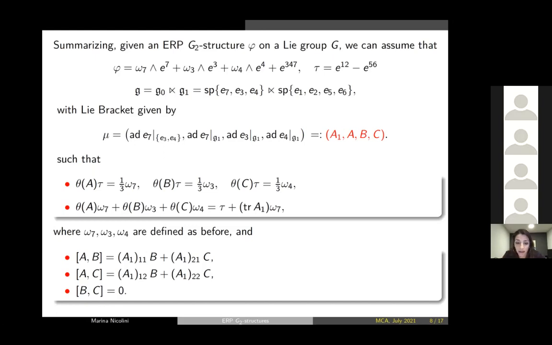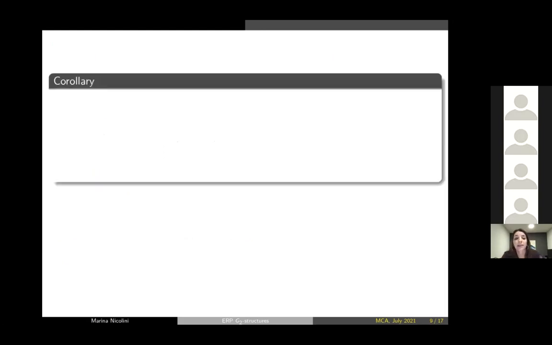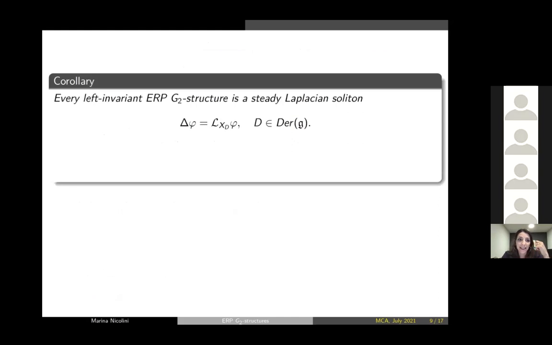The first 2 corollaries of this theorem are pretty nice. We prove that every left-invariant ERP G2 structure is a steady Laplacian soliton. It means that it satisfies this equation for the Laplacian operator, and this is the Lie derivative.